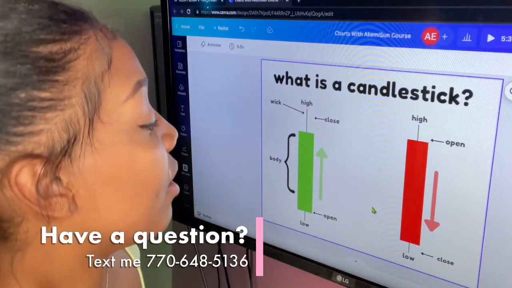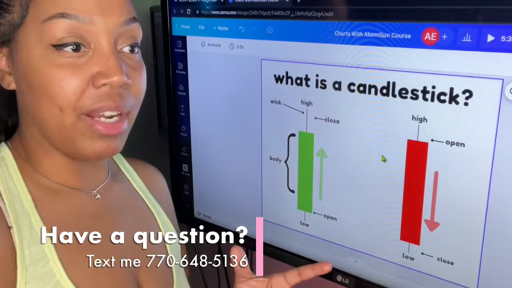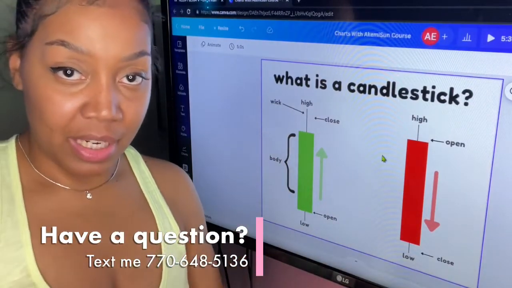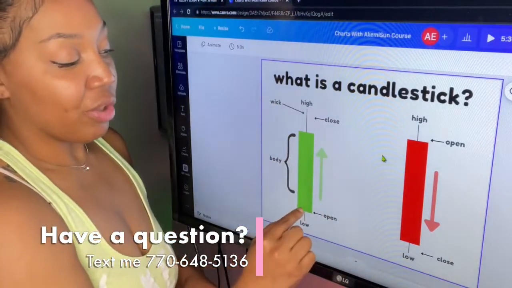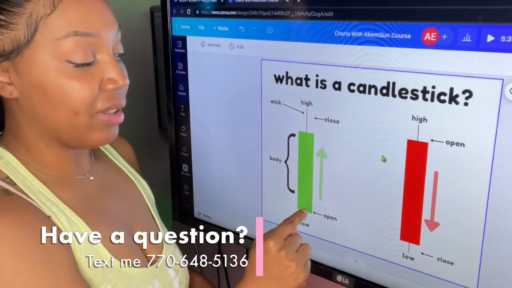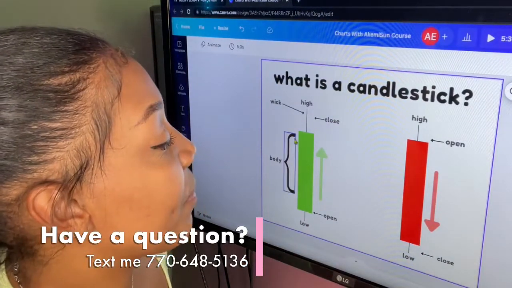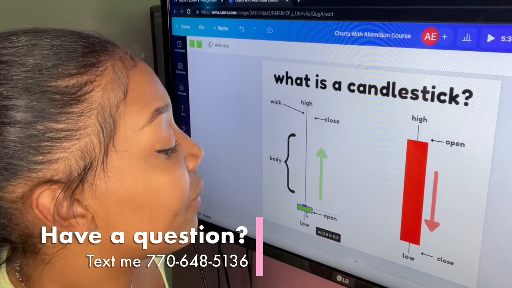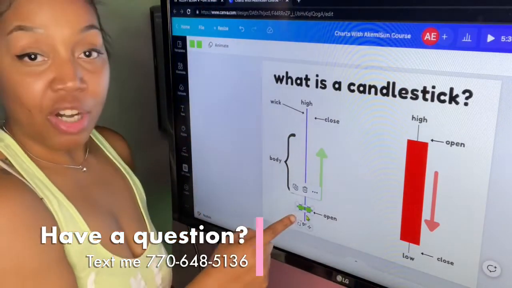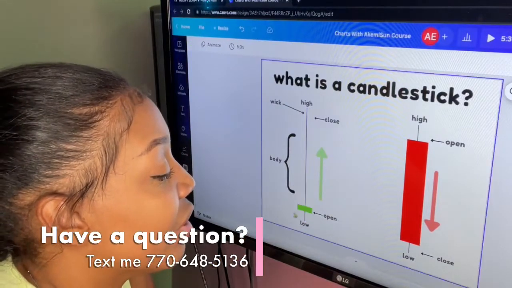So when you have a green candle and a red candle, it opens differently. There are two types of ways that the candlestick opens. On a green candle, a candlestick will always open on the bottom. So when you're reading a chart and the candlestick is getting ready to form, it will start at the bottom like that. That is how a candlestick is going to start.